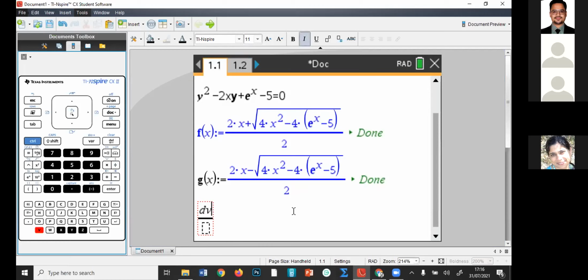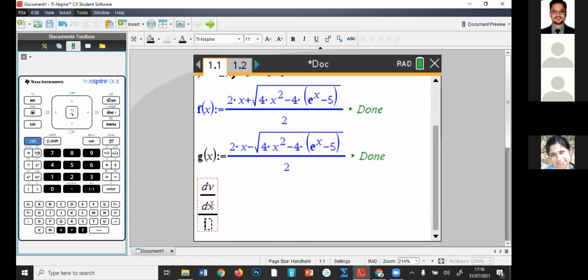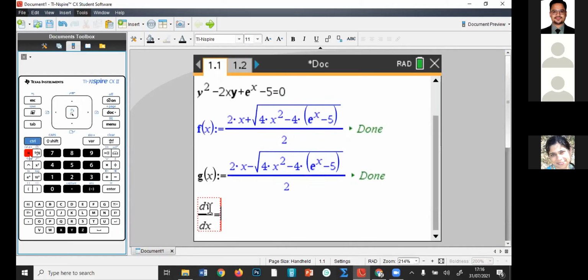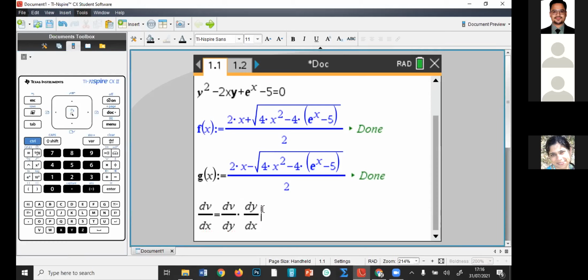What we need is to find dv upon dx, and dv upon dx we can always write as dv upon dy, because what we are given is v as a function of y, times dy upon dx, and this we need to find at x is equal to 0.